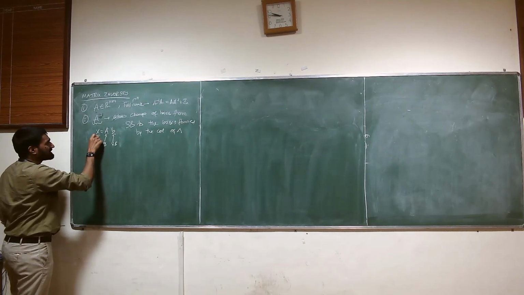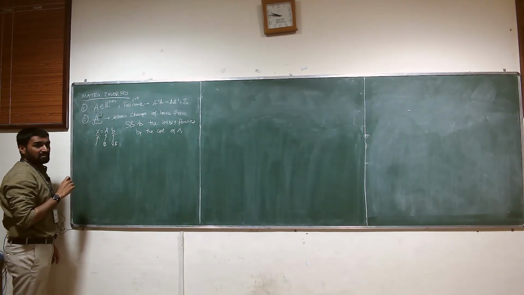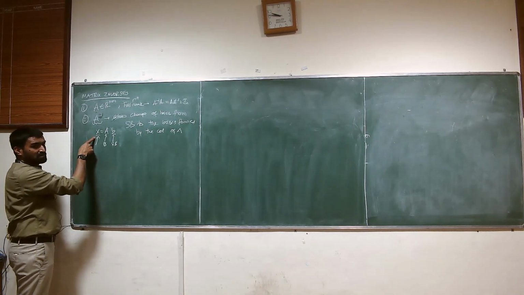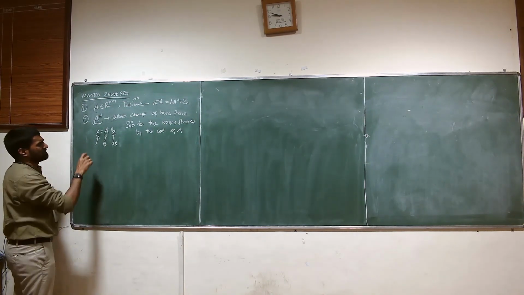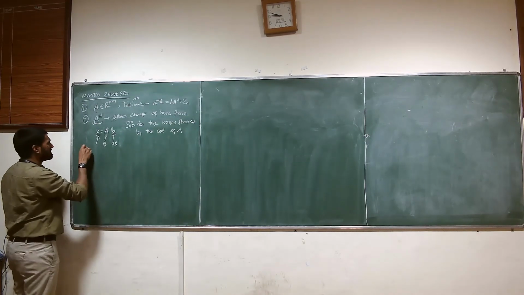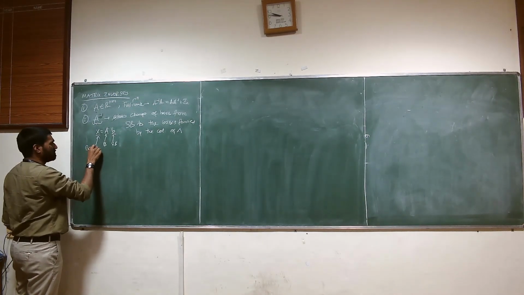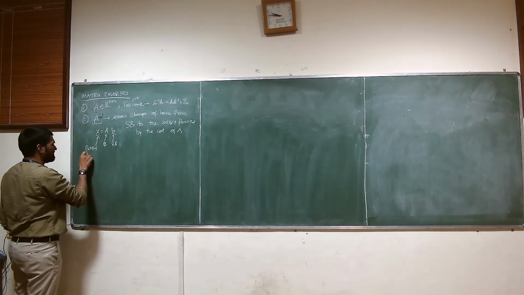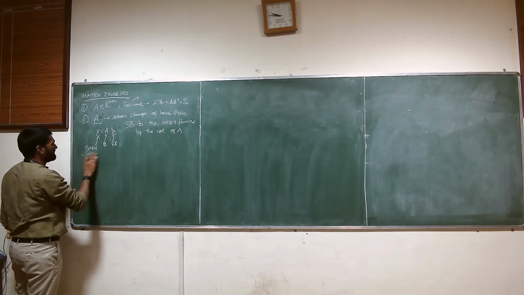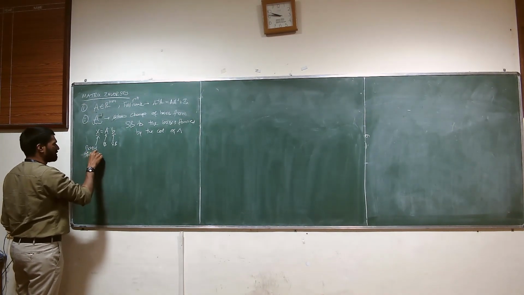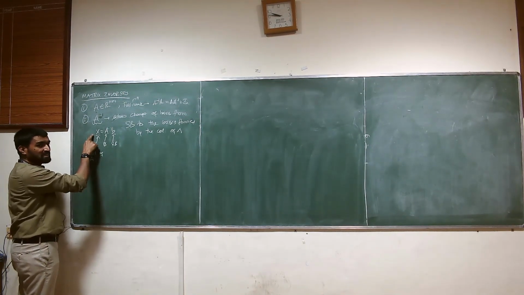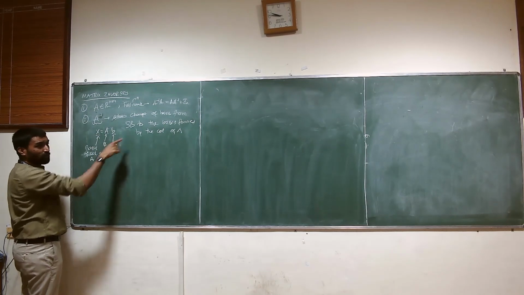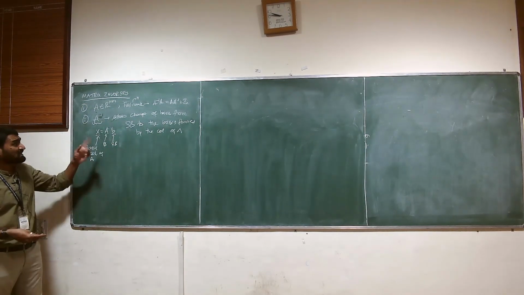Okay, and what basis is x in? Yes, this is in the basis formed by the columns of A. And what does it represent in the basis of columns of A? Which vector does it represent?